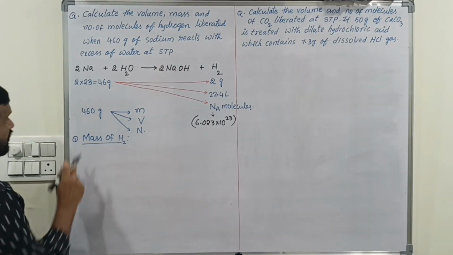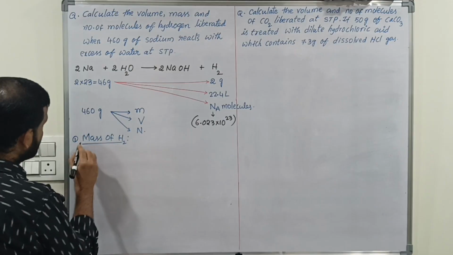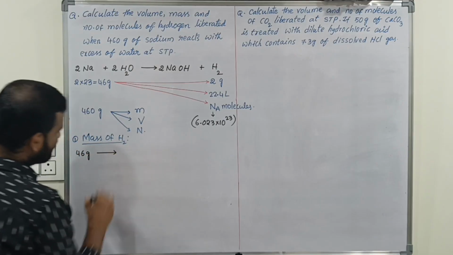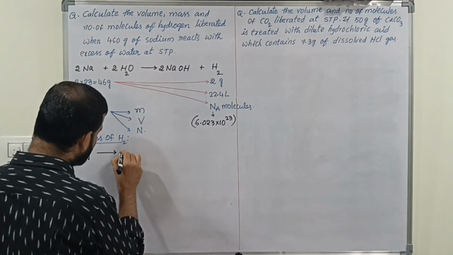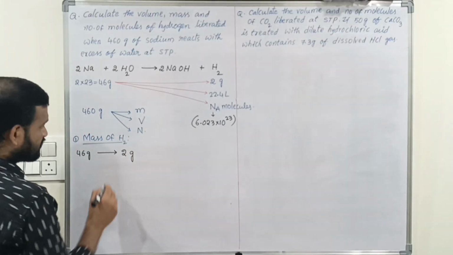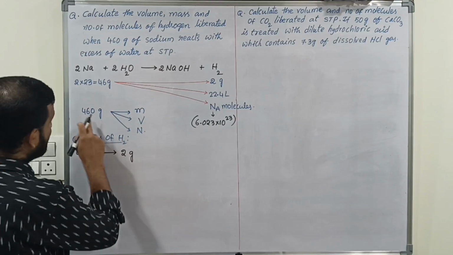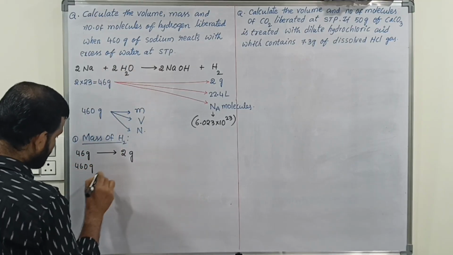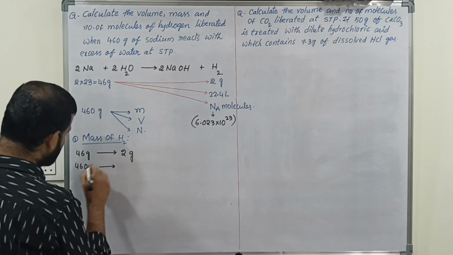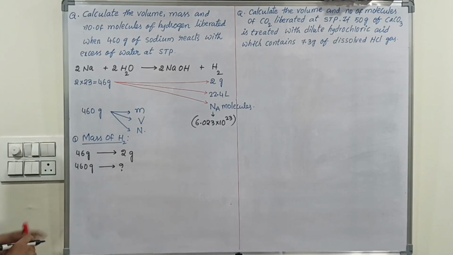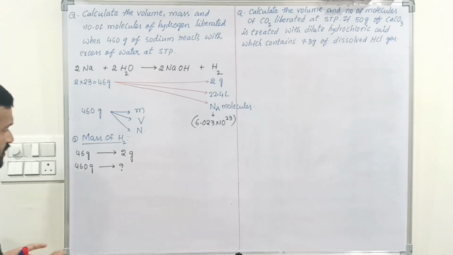According to this equation, 46 grams of sodium gives how many grams of hydrogen gas? 2 grams. Then in the question, 460 grams of sodium is given. How much hydrogen gas? We have to find out.